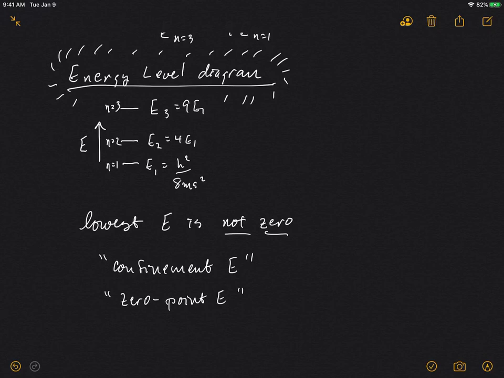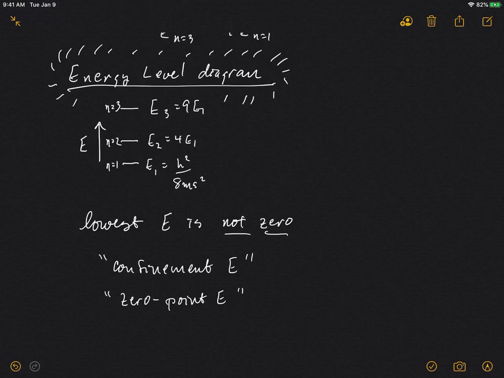So there's an energy associated with confinement in that if A, the size of the box, is some number that's not infinite, then the lowest available energy level is h squared over 8ma squared. Now in practice, for A larger than a few nanometers, the energy is going to be negligible and would correspond to temperatures of millikelvin, that sort of thing.